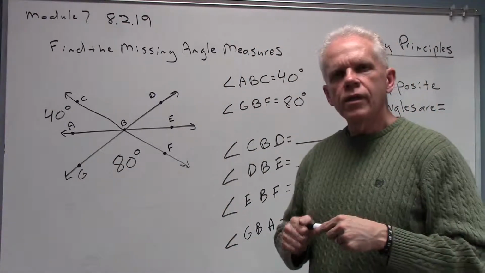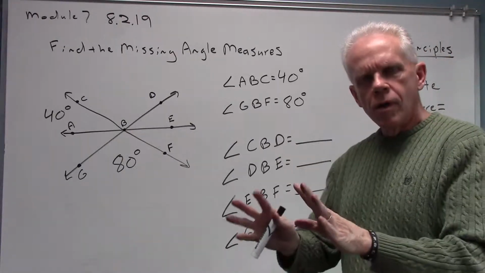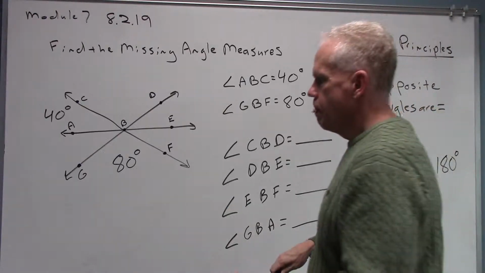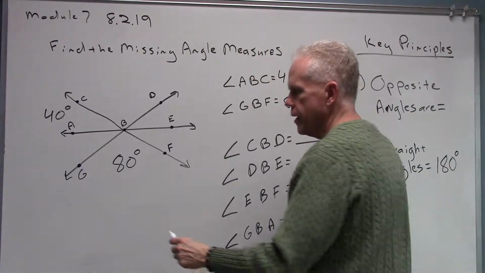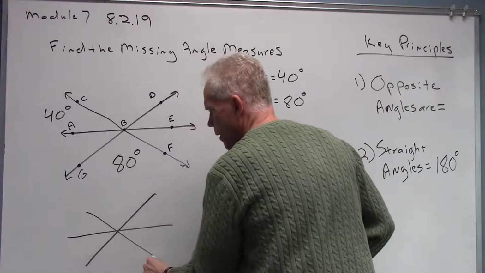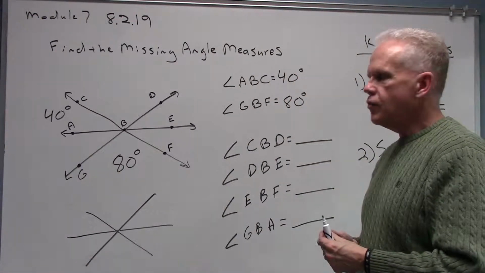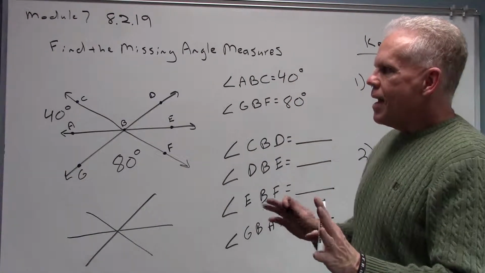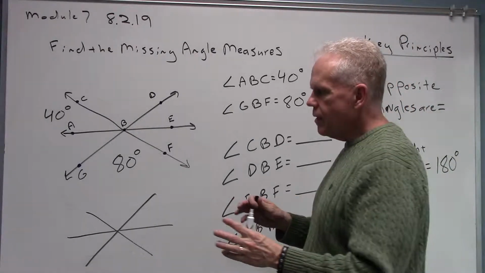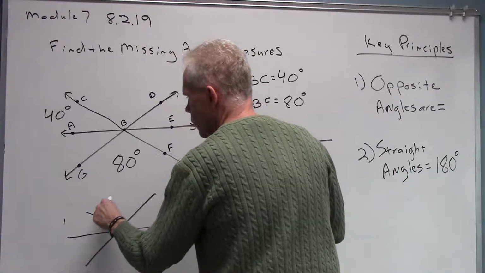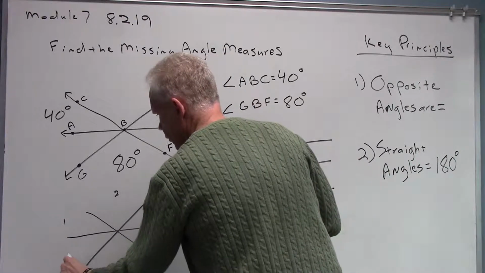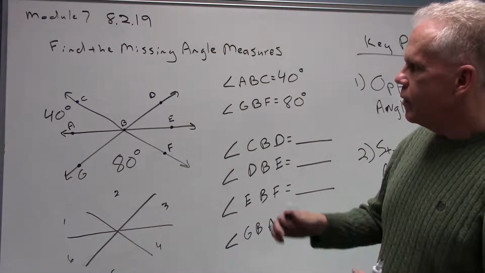I think it's really useful if you pull out a piece of paper and actually draw that figure out. The easiest way to draw it is to draw a straight line and then draw an X in that line. That'll give you a good representation of what the figure looks like. You could put in your letters, or to keep it simpler, just call the angles angle 1, angle 2, angle 3, angle 4, angle 5, angle 6, without all those letters.